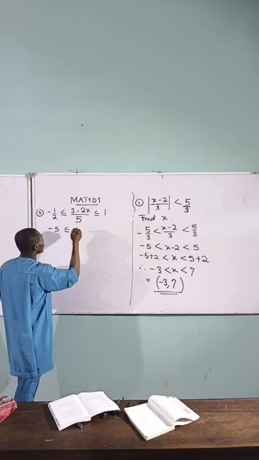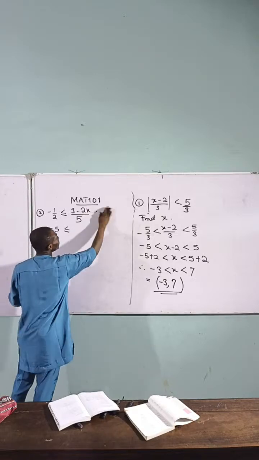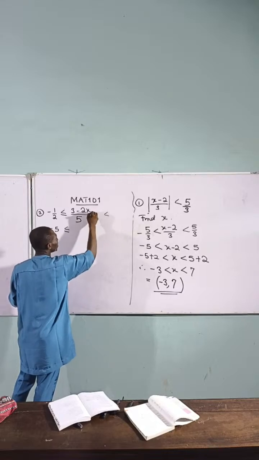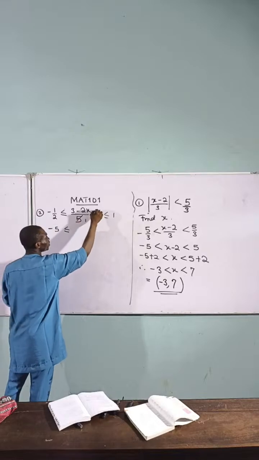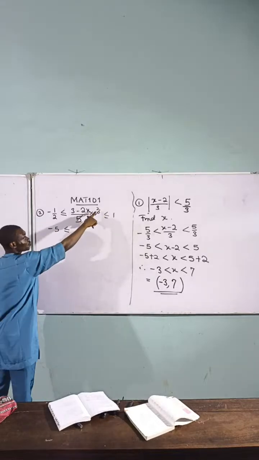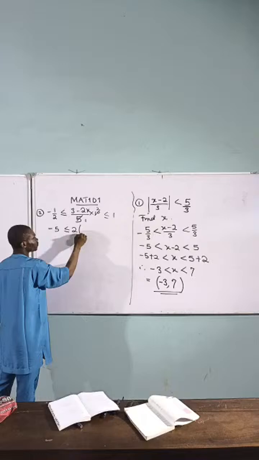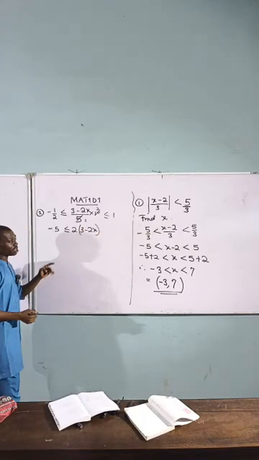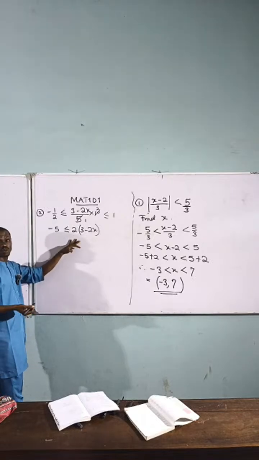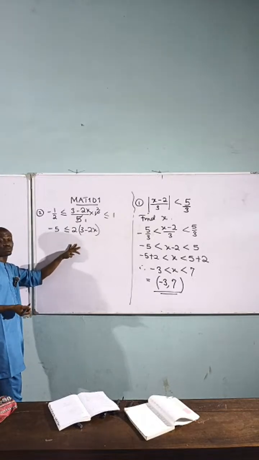Look at what will happen. If 10 multiplies here, 5 will cancel to remain 2. So that 2 will multiply everything here. So 2 into 3 minus 2x. All this that I'm doing, you can do in split seconds. So it's not as if it's a big deal.